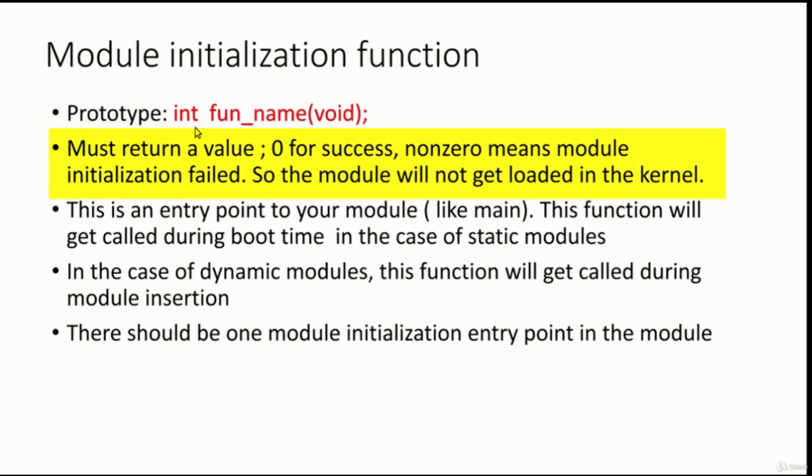The module initialization function must return a value, 0 for success. Non-zero means module initialization failed, so the module will not get loaded into the kernel. This is an entry point to your module, like main. We talk in terms of entry points. This function will get called during boot time in the case of static modules.